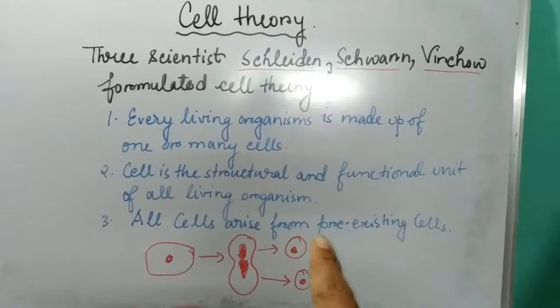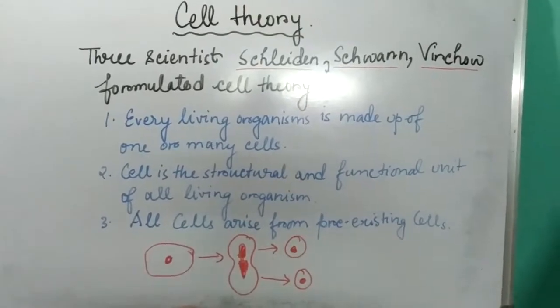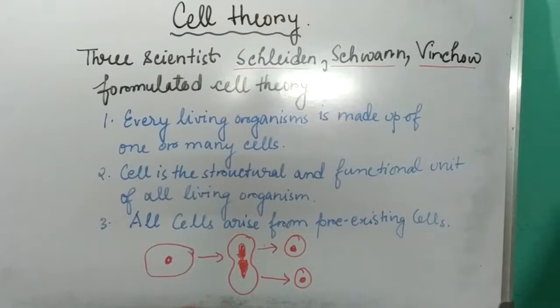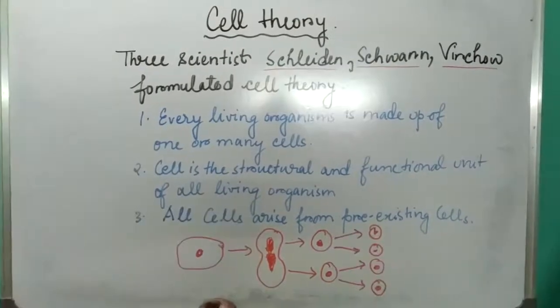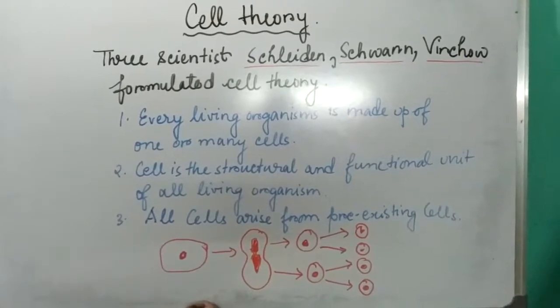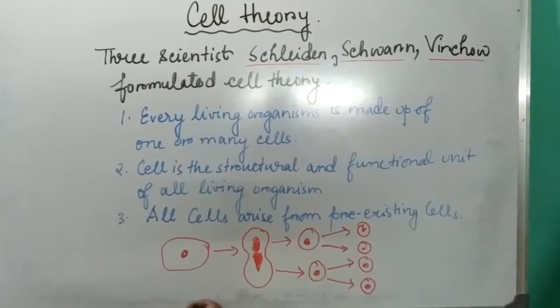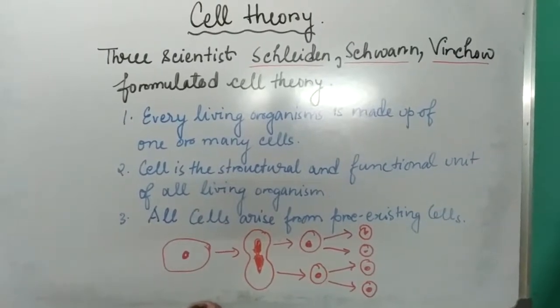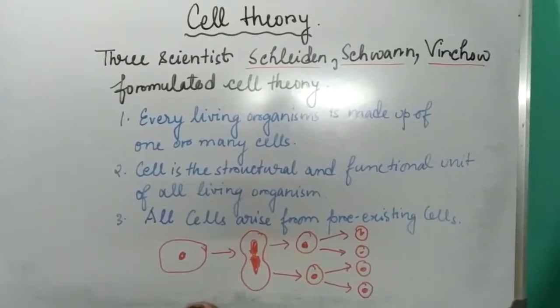Again, these 2 new cells will be dividing and giving rise to 4 more cells. I am drawing it on the board. One minute. So I have drawn it on the board. You see, that means from one cell, so many cells are developing, and this is why it is said that all cells arise from pre-existing cells.